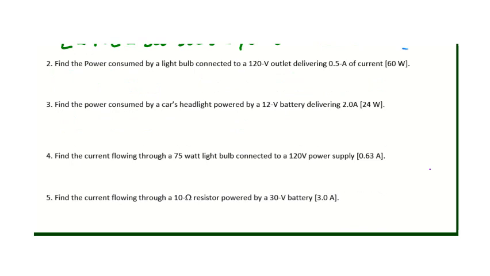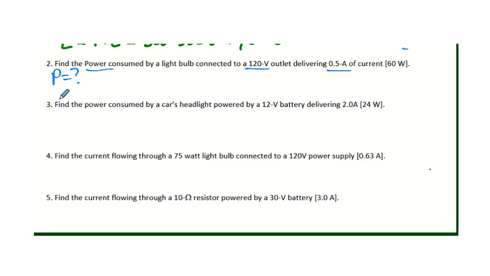Problem 2. Find the power consumed by a light bulb connected to a 120 volt outlet delivering 0.5 amps of current. So go ahead and write down the givens and restart the video once you have identified them. So our givens here were the 120 volts and the 0.5 amps of current, and we're trying to find power.